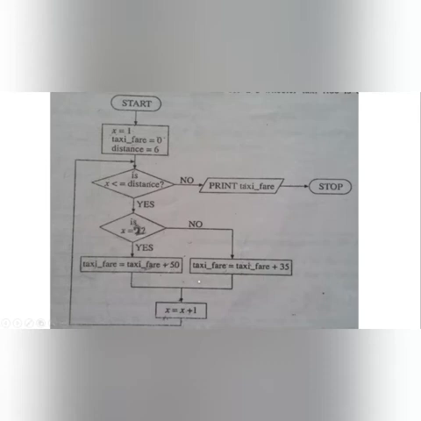So the data flows again, and the new x will be equal to 2 plus 1, which is 3. The data flows, and another repetition begins. And in the boolean, they are asking us again, is 3 less than or equal to 6?